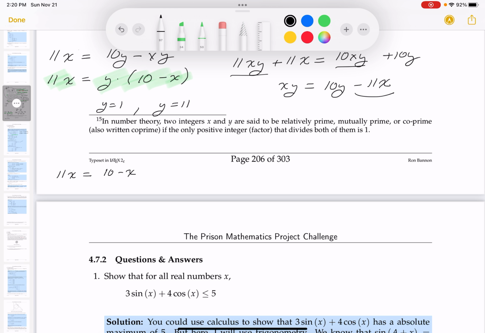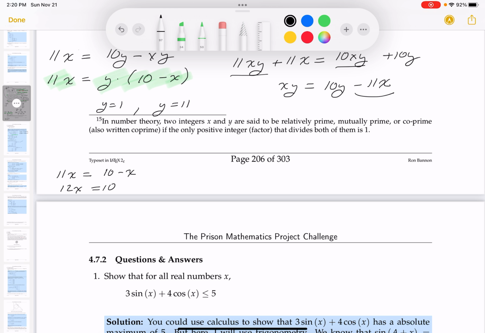Let's say I did that right. So if y is 1, I get 11x equals 10 minus x, and I would get 12x equals 10. Well, you know what? x is not an integer. So this couldn't be.